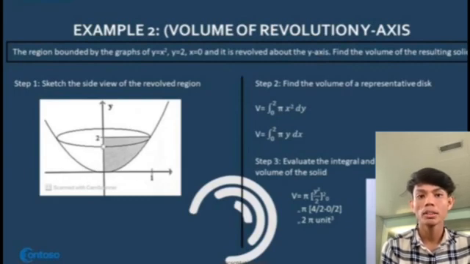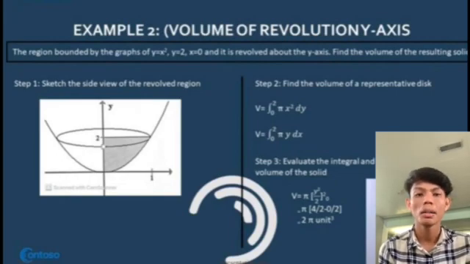For step 1, sketch the side view of the revolved region. Step 2, find the volume of a representative disk. So the formula is V equals integrate from a to b of pi x squared dy.